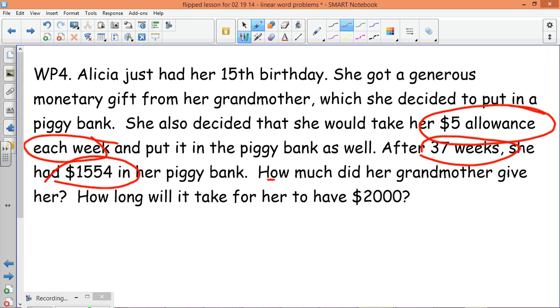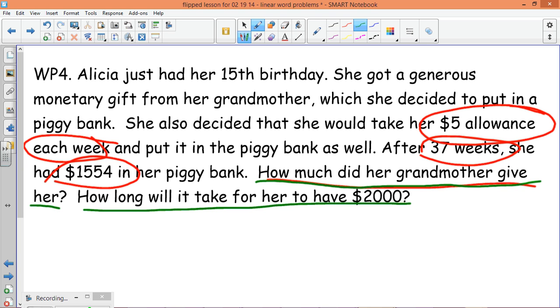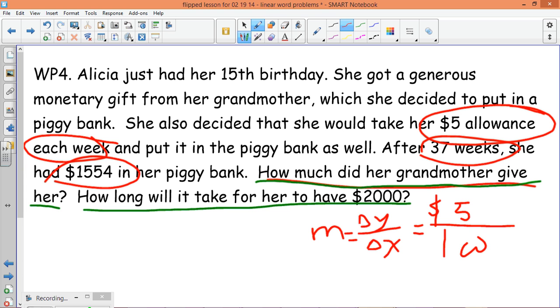Okay, there's two questions here. How much did her grandmother give her? How long will it take for her to have $2,000? Let's think about what my slope is. My slope, change in y over change in x, is equal to $5 allowance per 1 week. Every week she puts in $5.